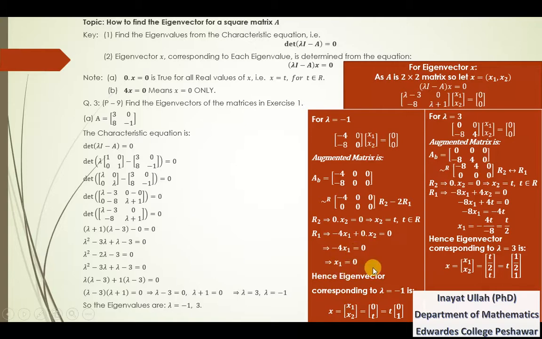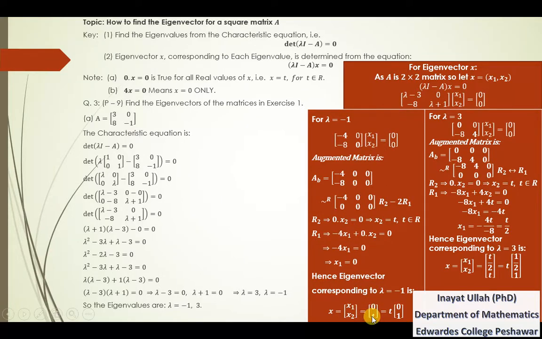So hence the eigenvector corresponding to lambda equal to minus 1 is x equal to x1, x2, where x1 is 0 and x2 is t, so 0, t. That is the answer of this portion. This is the eigenvector.